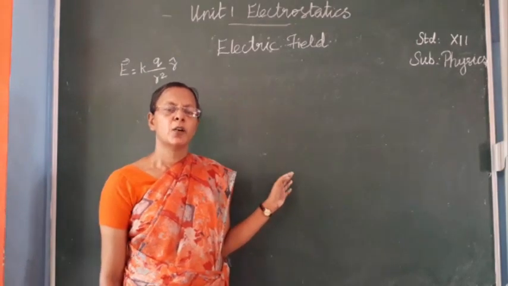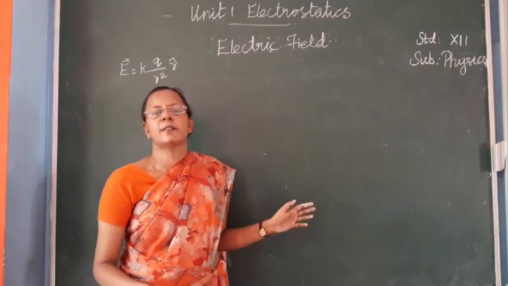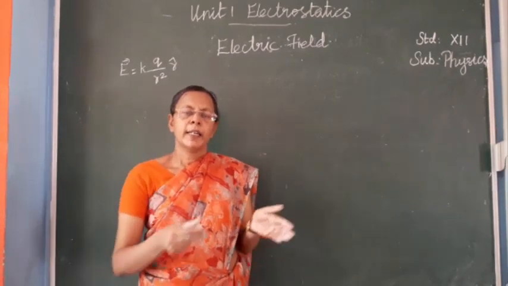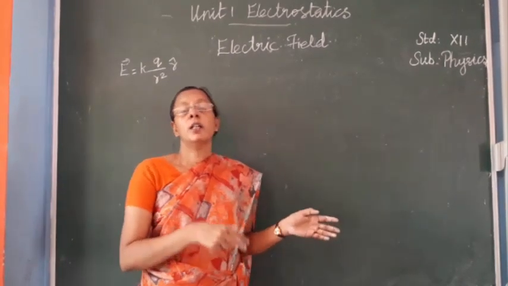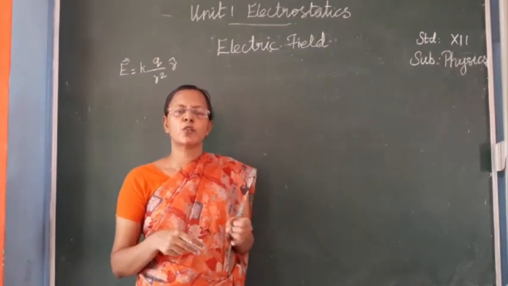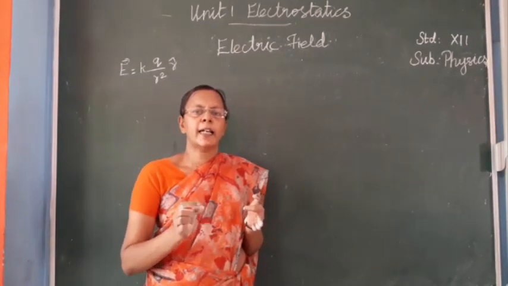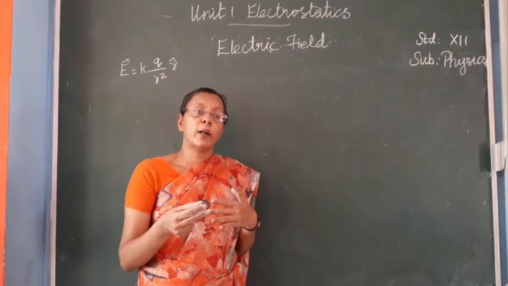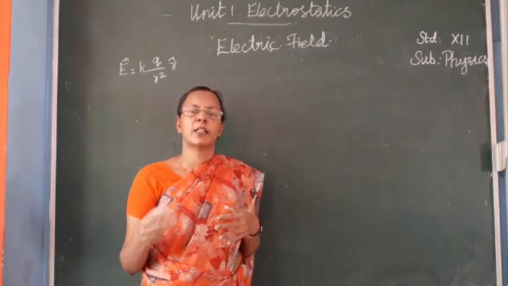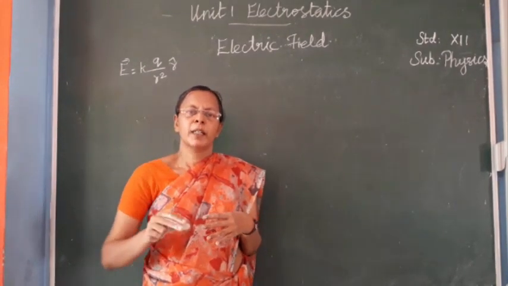Before learning this, we have to see the important questions we have learned already, which we have to go through thoroughly today. Important questions: the superposition principle, its definition and formula. Next, what is electric field and what are its important aspects; that is a 5-mark question.